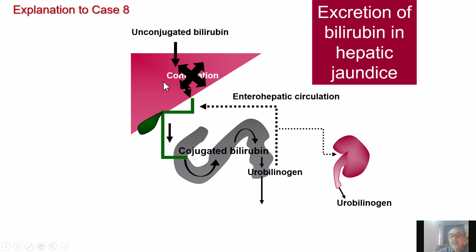These three may be affected. Biochemically, there are three abnormalities, either in the entry, in conjugation, or in the excretion. So let us not bother about this. This is hepatic jaundice, which is probably due to some obstruction.